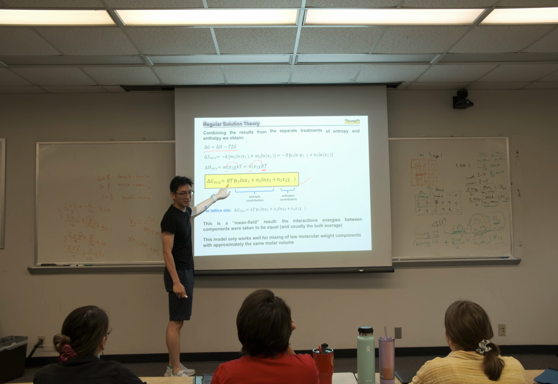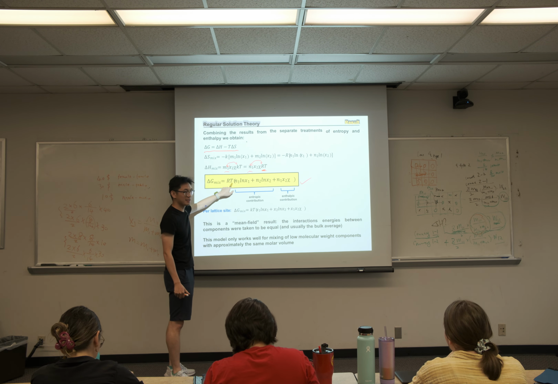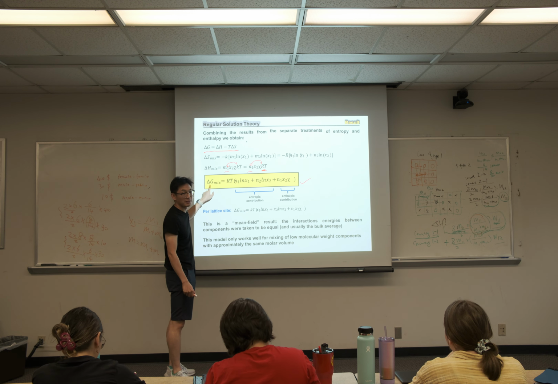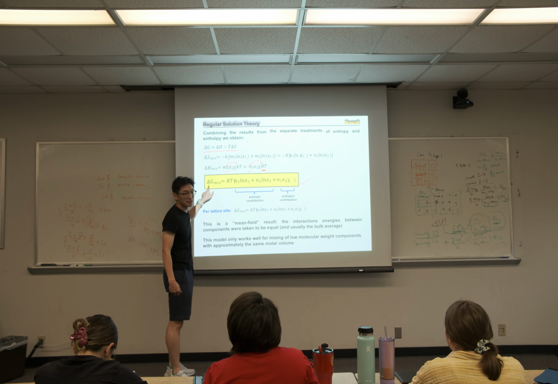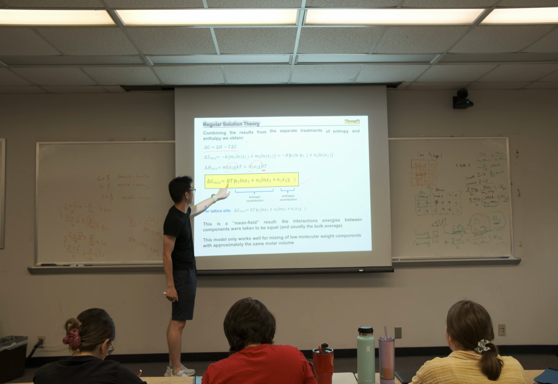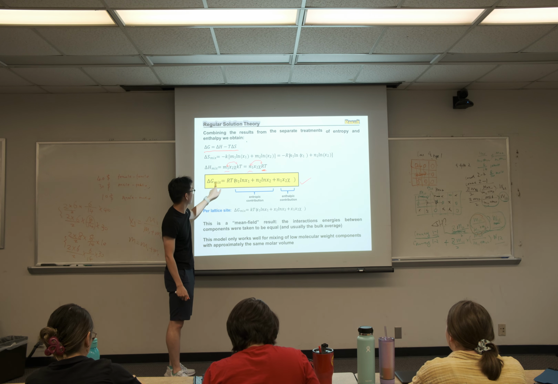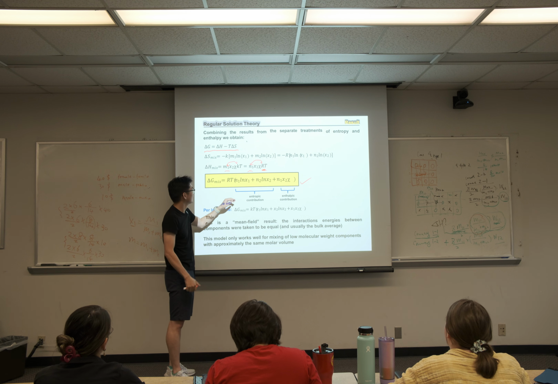R is the gas constant, it's 8.314, something like that, times the temperature. So this is 300 K. You can see this is positive, so it doesn't determine if it will mix or not. The criterion for mixing is that delta G needs to be negative. So it's either above 0 or below 0. So those two are both positive. It won't decide the mixing, but it will make the magnitude smaller or bigger.